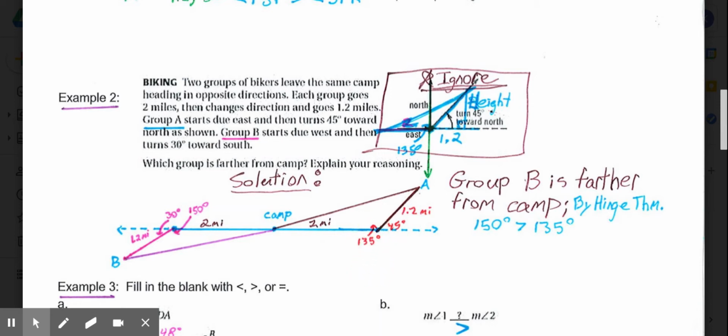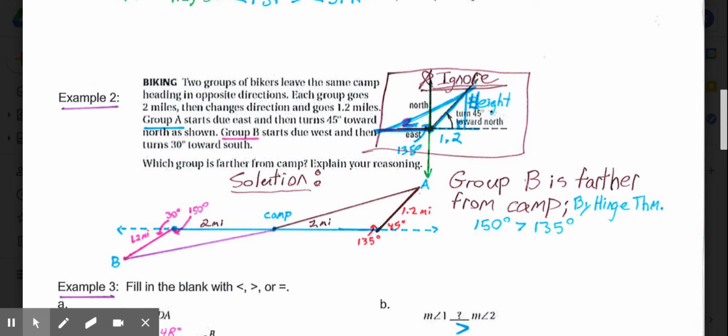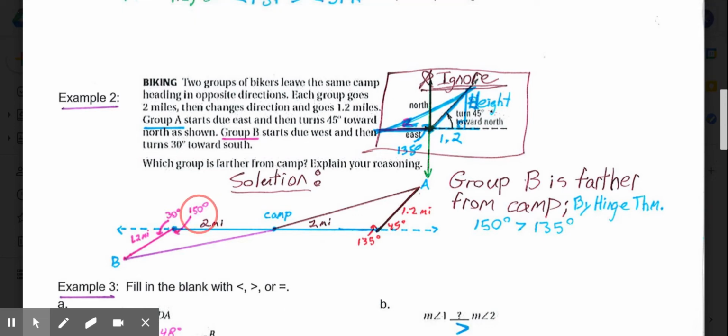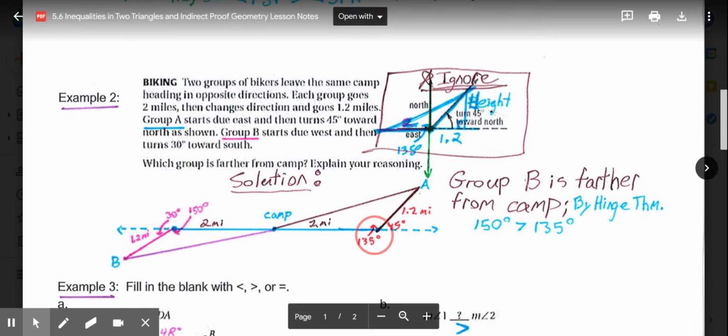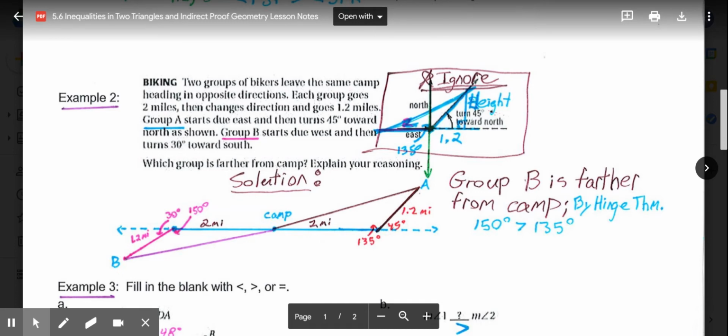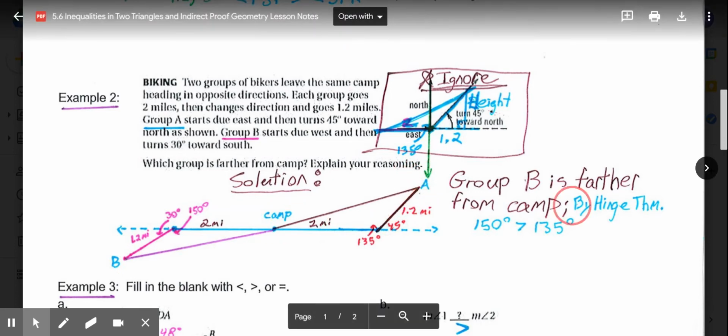Now I have a side, an included angle, and a side, an included angle, and a side. 150 is a greater angle than 135, so the side opposite the 150 would be longer, meaning from camp to where group B is is further than camp to where group A is. We're using the hinge theorem to arrive at that conclusion.